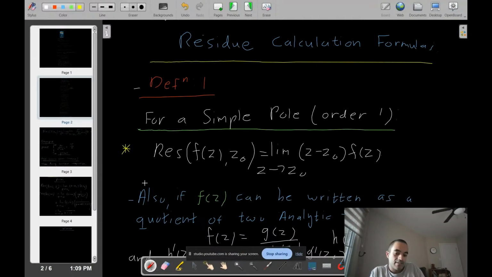It says also if f of z can be written as a quotient of two analytic functions. So take your f of z, f as a function of z. And if it can be written in terms of two other analytic functions, let's say g of z and h of z, the numerator will have g of z, the denominator will have h of z.